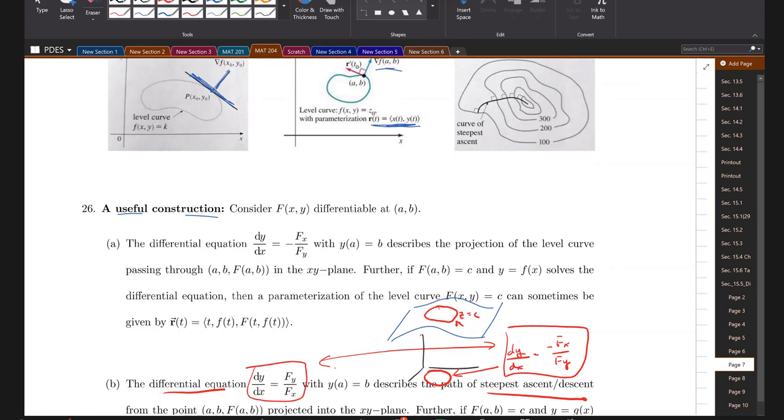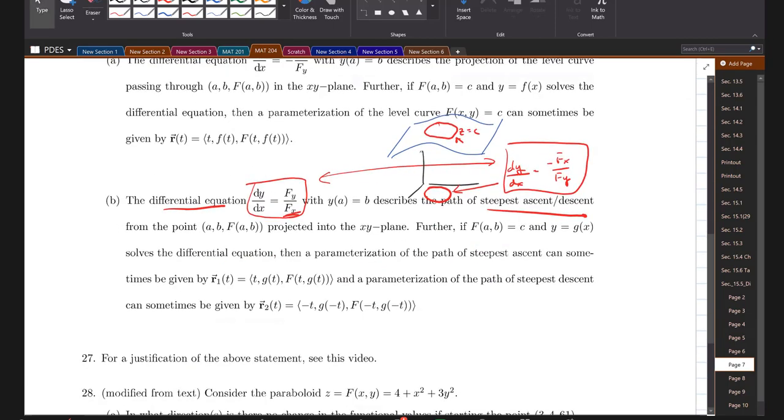So if I were to take the reciprocal of my differential equation that describes a contour line, and then change the sign on it, take the negative reciprocal, I'd have this expression here. And that's related to the fact that the gradient is always orthogonal, 90 degrees, right? The negative reciprocal, in terms of slope, of a level curve. Okay?